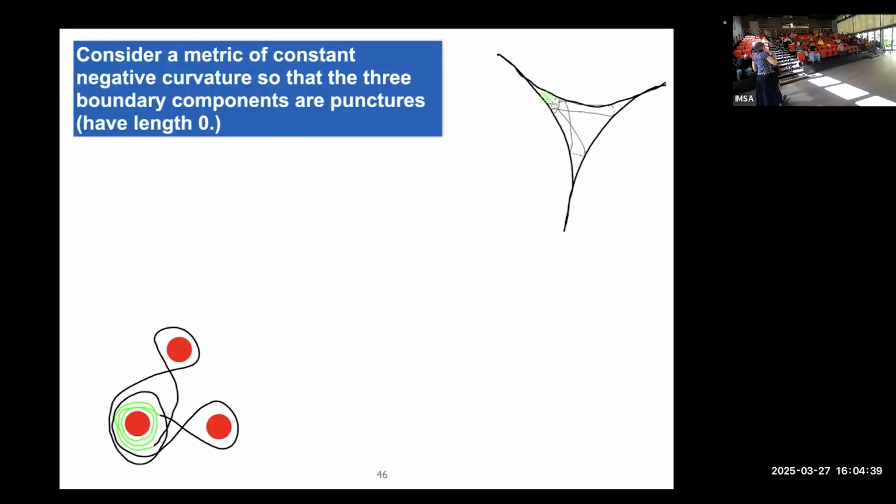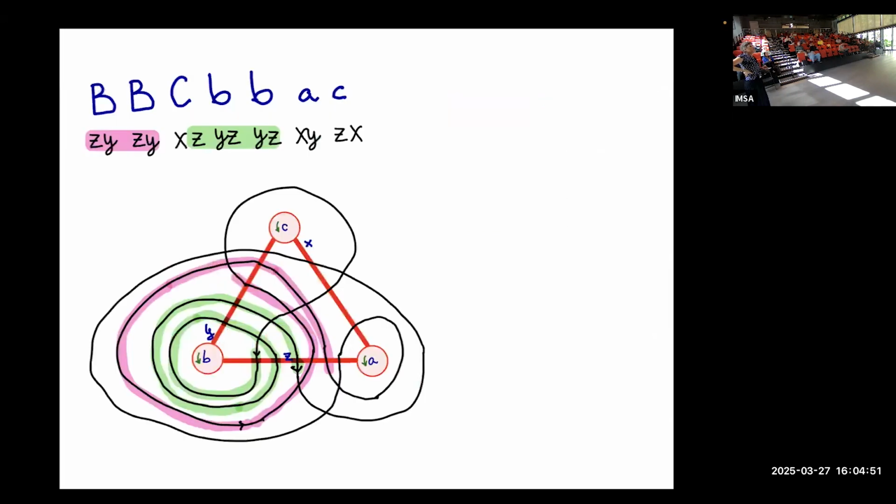So now, up to now, I had a topological surface, there's no metric, and now I'm going to put a hyperbolic metric, so each boundary component is a puncture. And here we have a very interesting curve that I have. So if you look at it, the point is, when can I remove very safely a letter and remove one self-intersection?